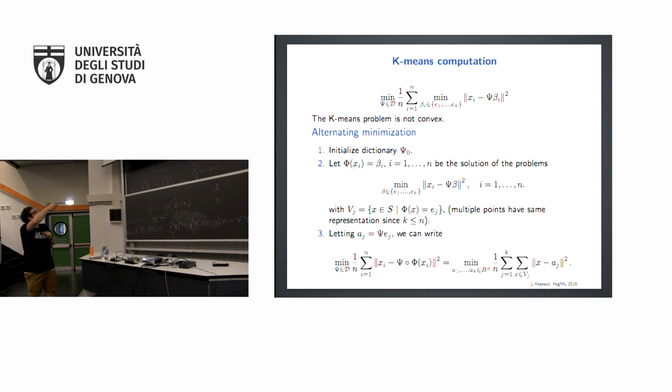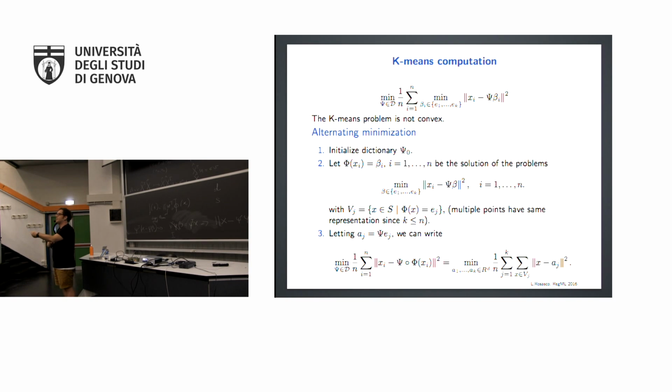So when you do this, you're basically saying, find the column of the matrix which gives the best reconstruction, or if you want, which is closer to the point. So when you solve this minimization problem, you're just selecting a column. Correct? That's it. This is the first step of the alternating minimization. Given a dictionary, for each input point, find the column closer to that point. Do you agree?